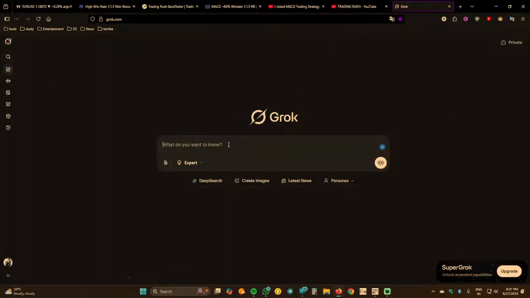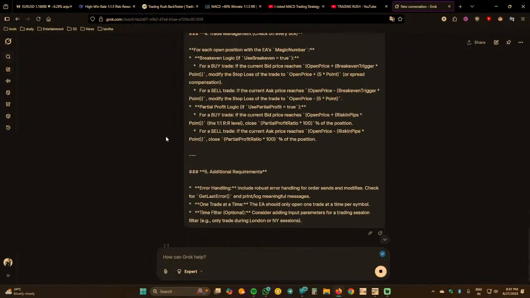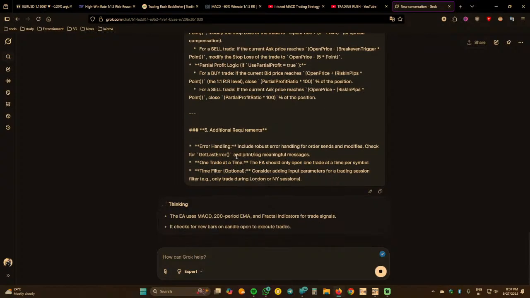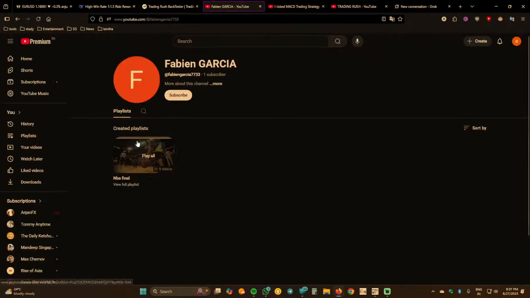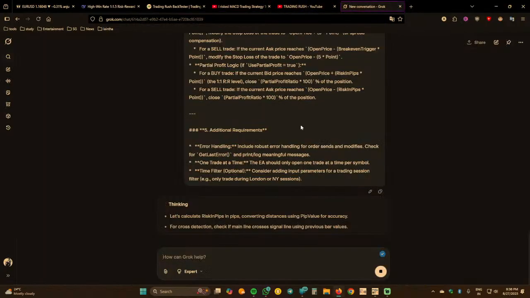So we'll paste it on Grok and we'll ask it to code. What we're doing is, this person, Fabian Garcia, asked a very important question that he tested on TradingView with 500 trades and it was a flat PNL, and he's saying with spread and all those things it's going to make a loss.